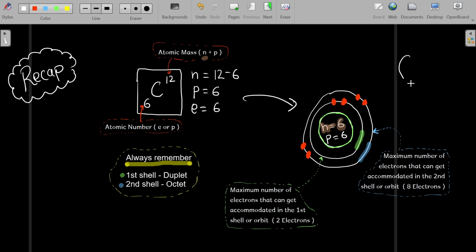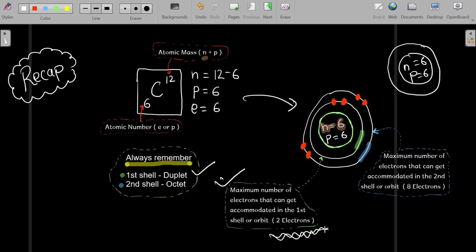Now, I'll first make my nucleus just as shown in the diagram. So in the nucleus, you can see that I've got my neutrons, I've got my protons, and then for my first shell, always remember that your first shell is duplet, right? So in your first shell, the maximum number of electrons that can come is just 2 electrons, right? Now, in total, we have got 6 electrons.